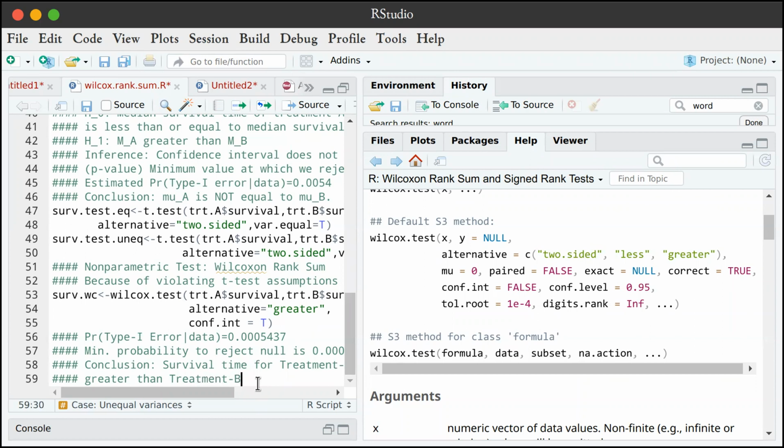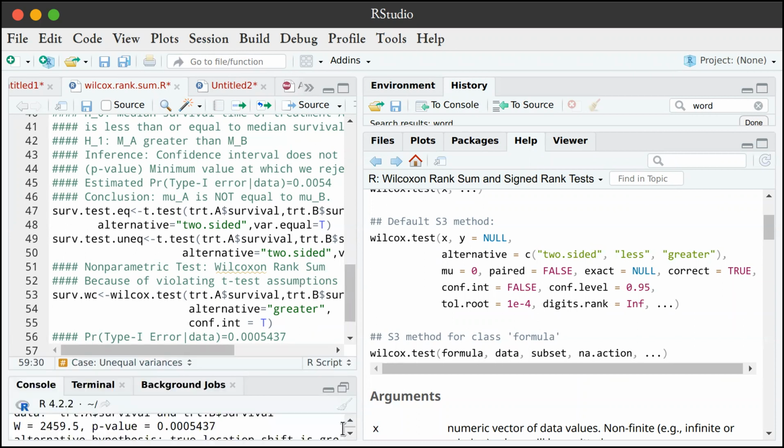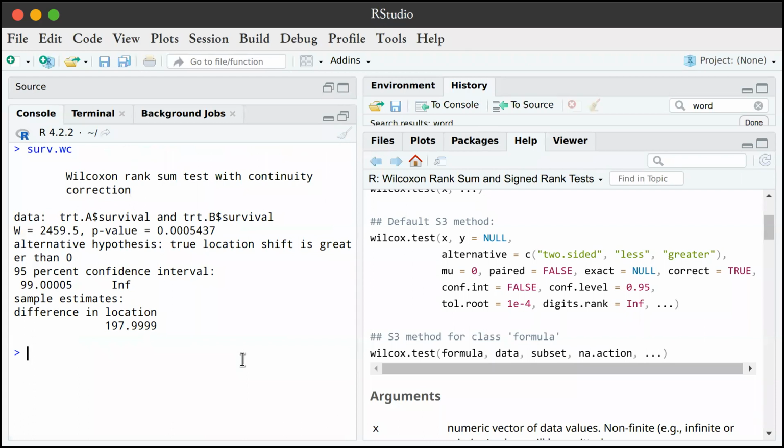Good. Now, one of the things that you should know in the final test conclusion, it does not say mean, right? Rather, it simply says a location shift. Because the moment you say mean, then there is an underlying distribution.